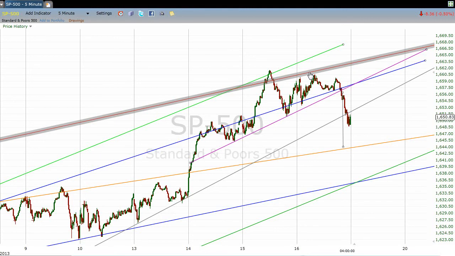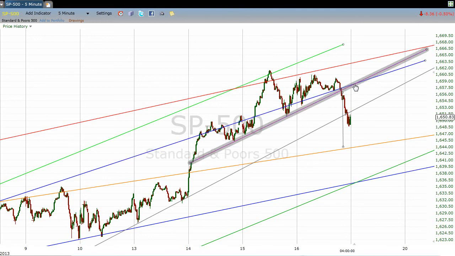Now we move that resistance level down a little bit to these two lines, to the neckline of this pattern and to this blue line. So now I would expect resistance tomorrow, if the market were to rally, up around the 1660 area. Additionally, if we break this line by a more significant margin, I would expect this line to also be resistance.